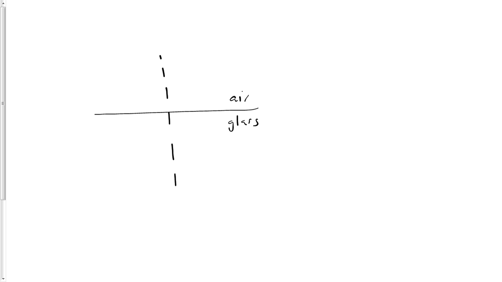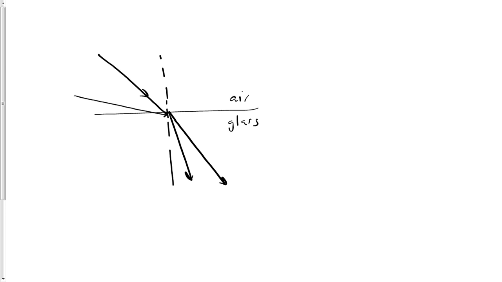When we start in air and go into glass, what happens to the angle of refraction? It gets closer to the normal. So it doesn't matter how steep I make this, it's always going to bend towards the normal line. Light will always travel from air to glass. It's when we do the reverse that's the problem.